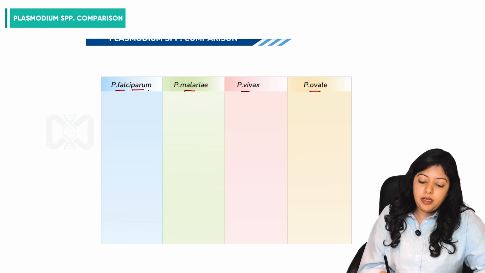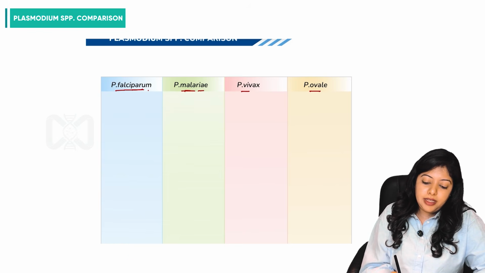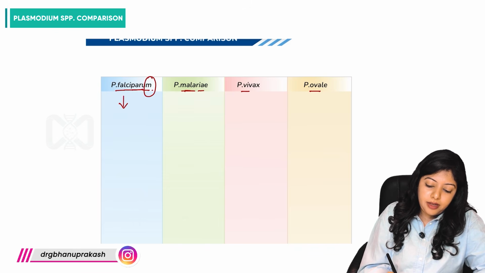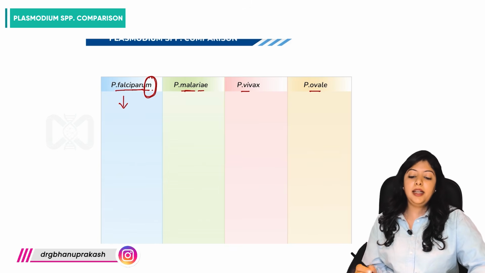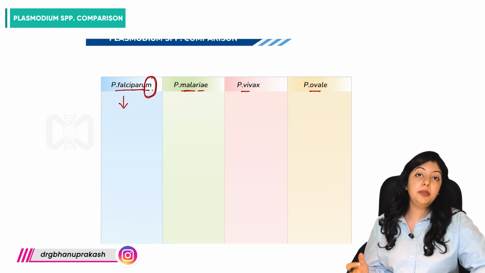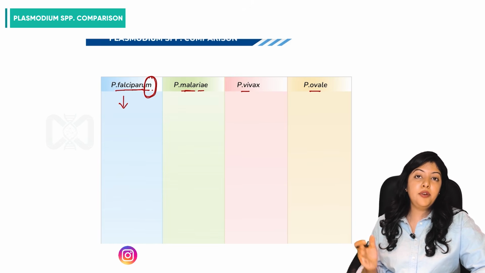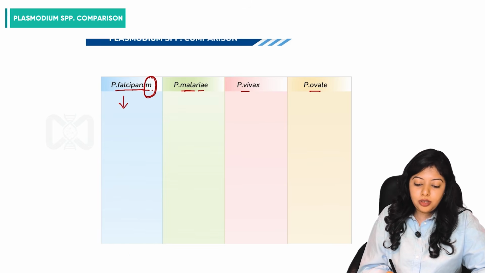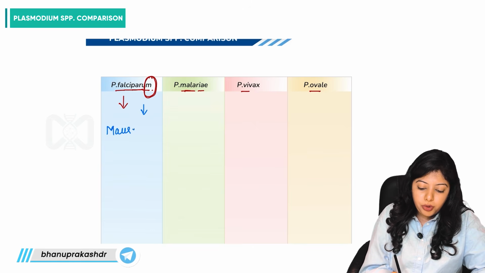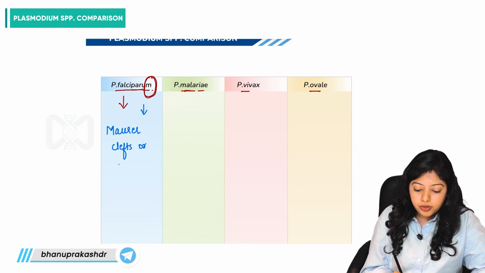I told you the M from falciparum is used for multiple things: M for malignant, and M also stands for Maurer clefts or dots.